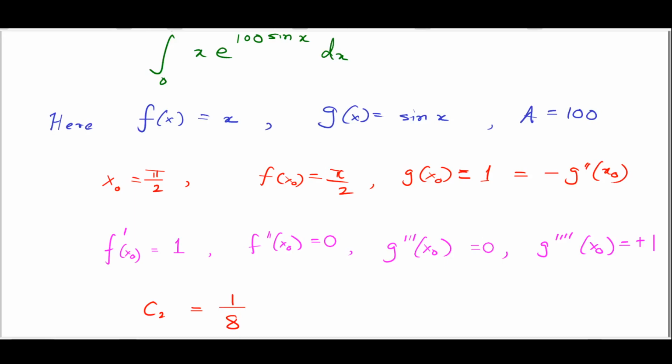All of these are pretty easy to evaluate, and by plugging these values into the formula, you get c2 equal to 1 by 8. Once again, if you are only interested in the leading result, you don't even need to evaluate c2 because you know that its contribution is suppressed by a factor of a. But here we can take a look at whether including the c2 by a term actually improves our approximation or not.